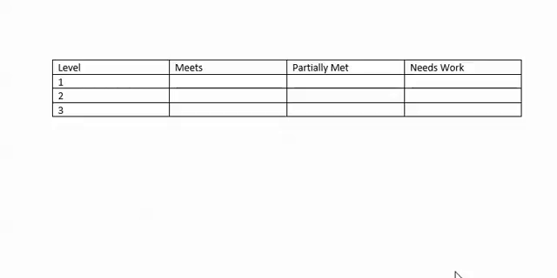So I'm going to use Kirkpatrick because that's the level that I particularly like the best. And what I also find is that if you create a three-pronged approach to assessment, it's a lot easier because you know what you want them to do to meet, you know what's not going to work, and this is in between.